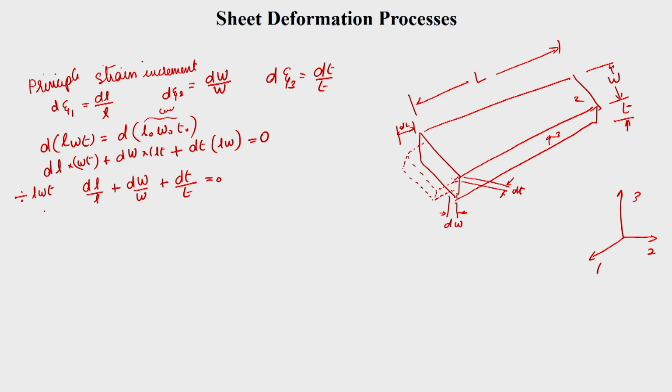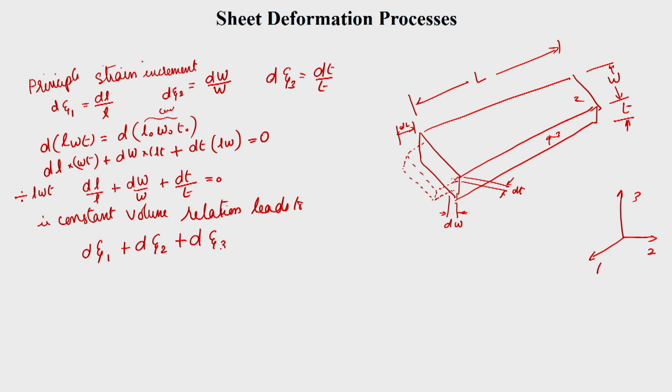So, the constant volume relationship leads to the strain increment along direction 1, d epsilon 1, plus d epsilon 2 plus d epsilon 3 is equal to 0. This is the strain increments along the 3 mutually perpendicular directions; the sum of the strain increments will be equal to 0. That is the constant volume relationship.